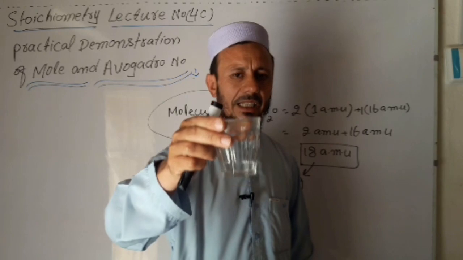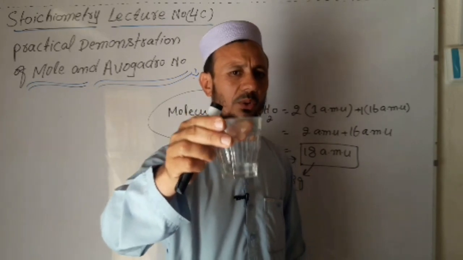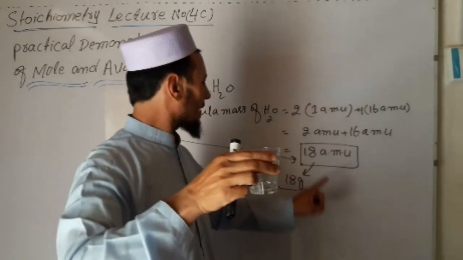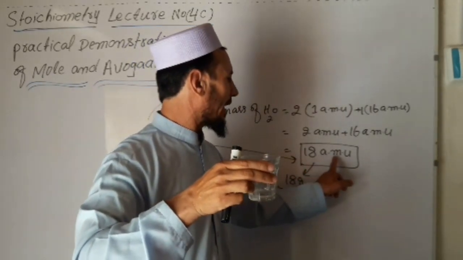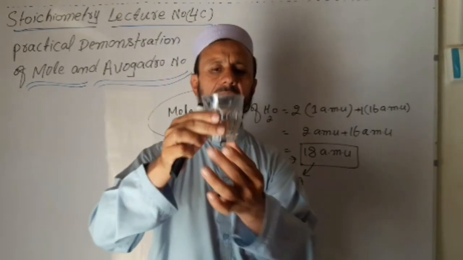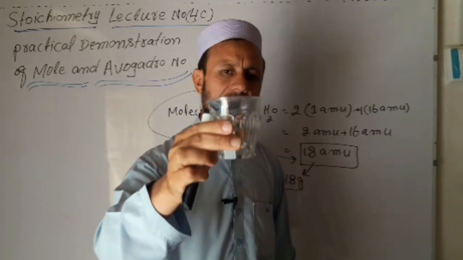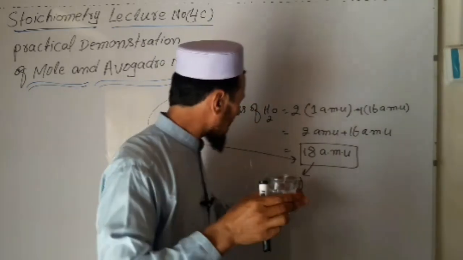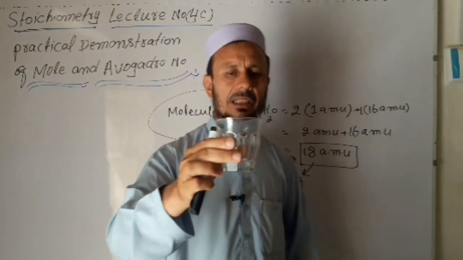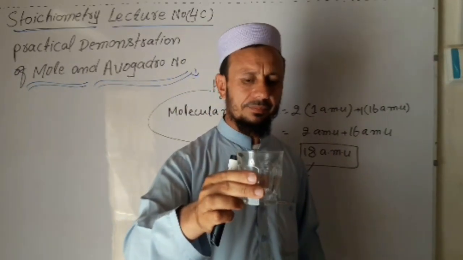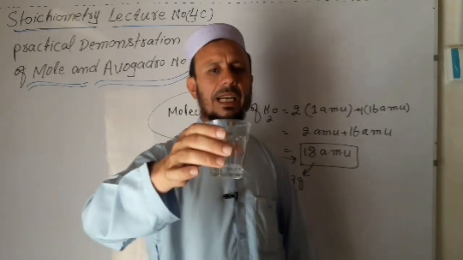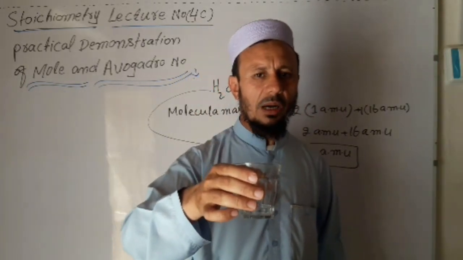Therefore, I say that it is equal to 1 mole, because the molecular mass of water, 18 AMU, has been taken in gram as 18 gram, and this is called 1 mole of water, and this 18 gram is called the molar mass of water. Now dear students, I drink this 1 mole of water.